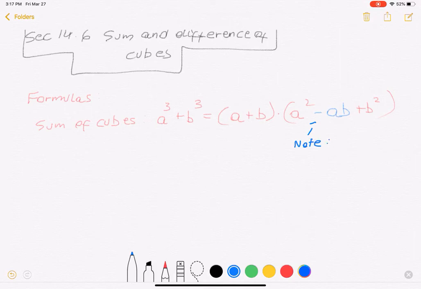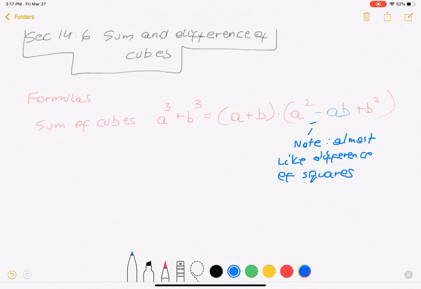Okay, almost like difference of squares. Difference of squares.